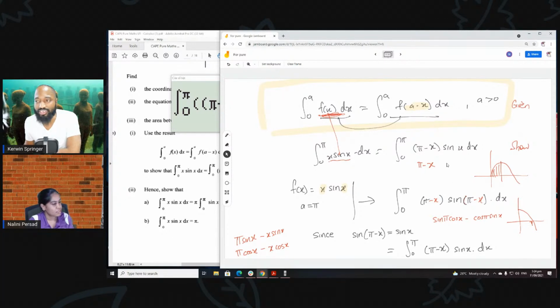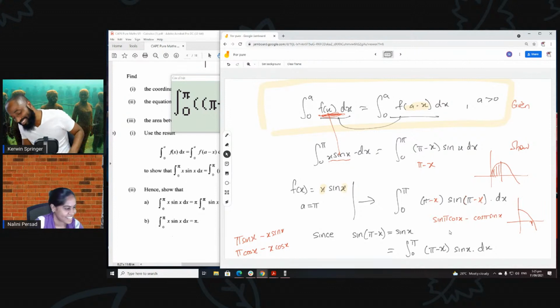So yeah, that's correct. It's not cos x. So sine of pi minus x is sine x. Sine of pi is 0. I have it written here. Look how much time I spent going through that. Well, it's just one mistake. So sine pi is 0, so this goes.